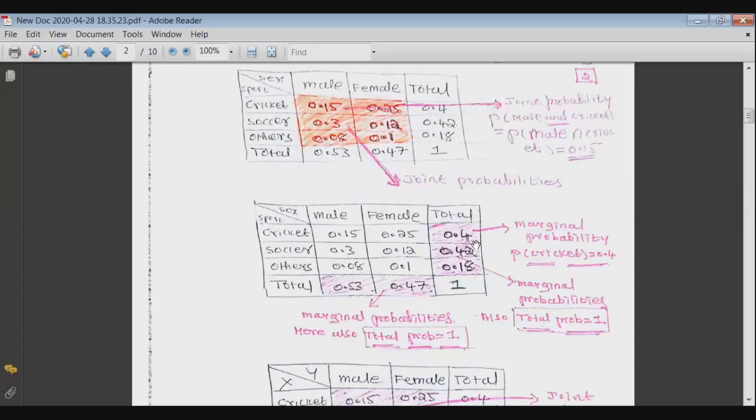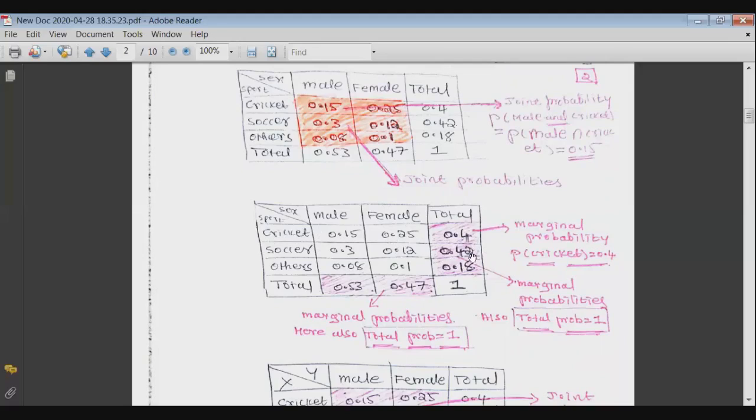What does this 0.4 stand for? This 0.4 stands for the probability that 40% of the individuals have their favorite sport as cricket, irrespective of their gender.